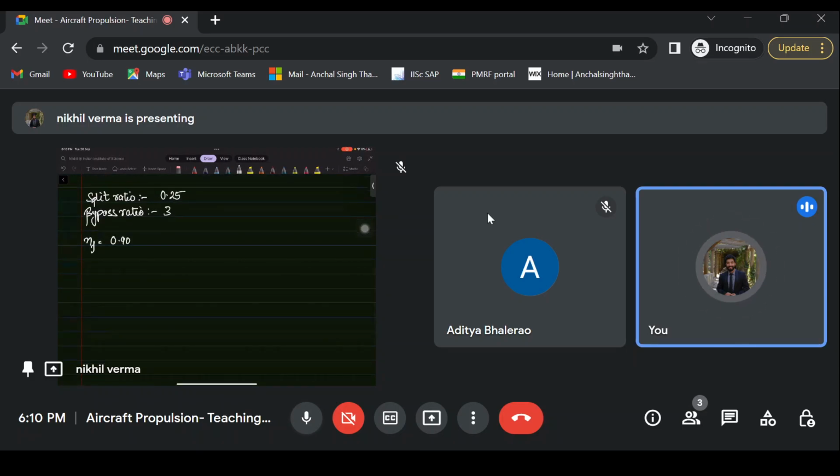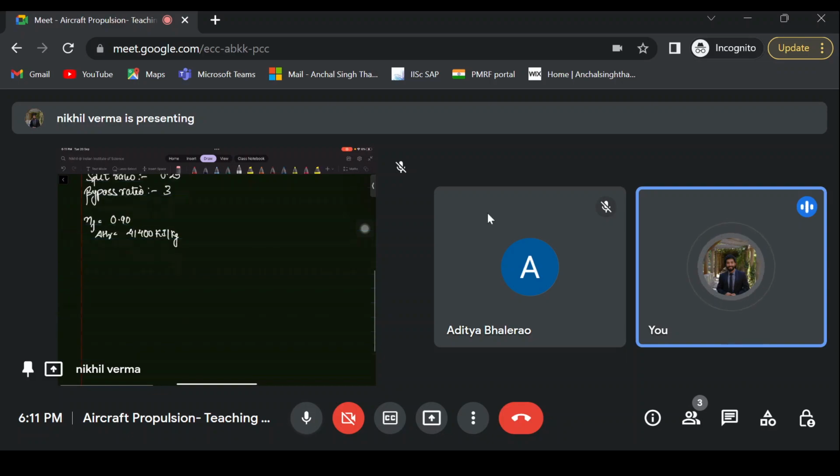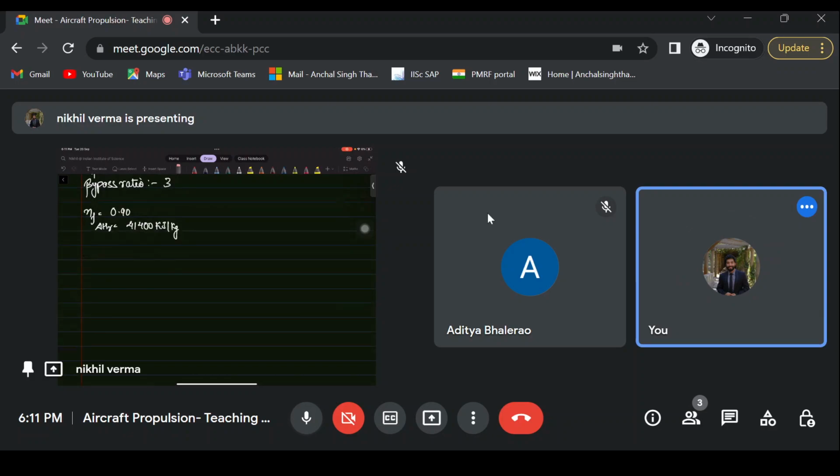and the calorific value of the fuel is given as 41,400 kilojoule per kg, and the total temperature after the combustion chamber is given as 1389 Kelvin.